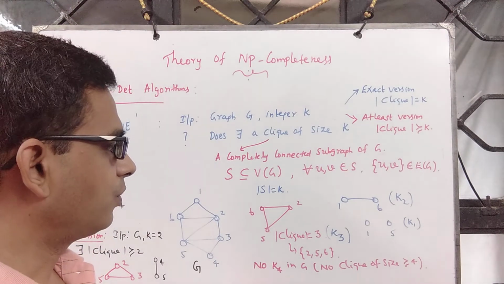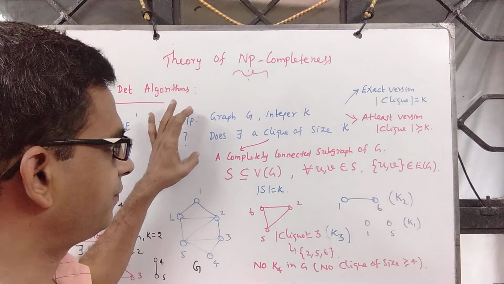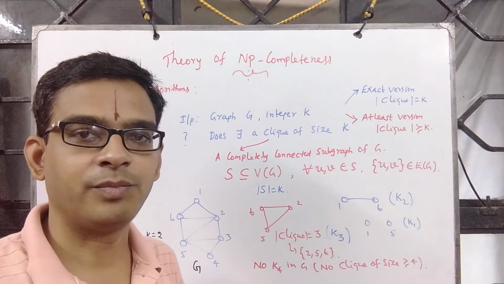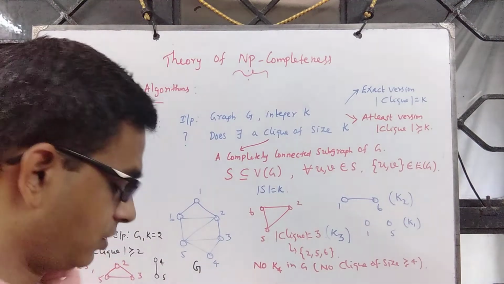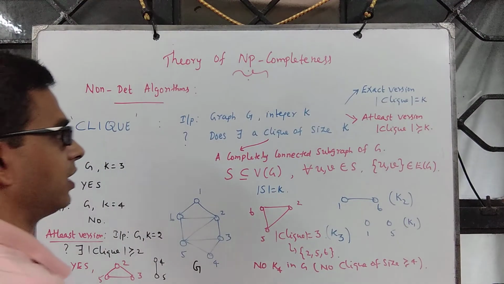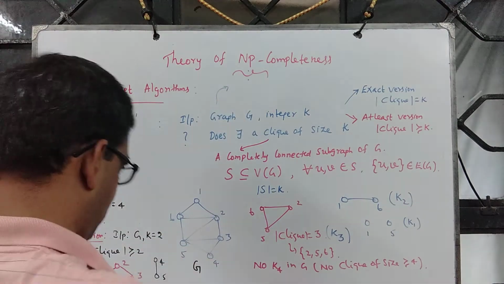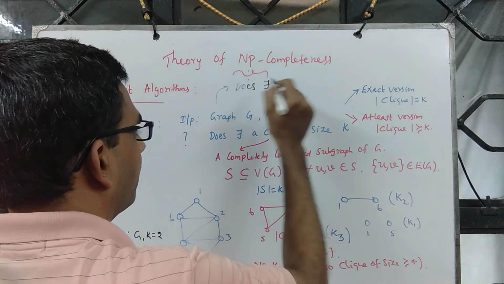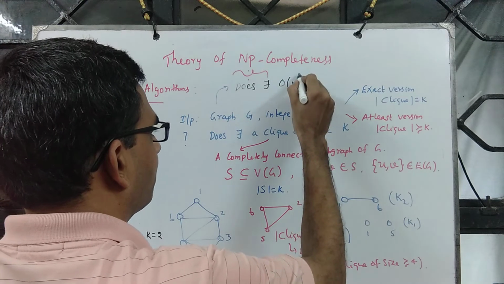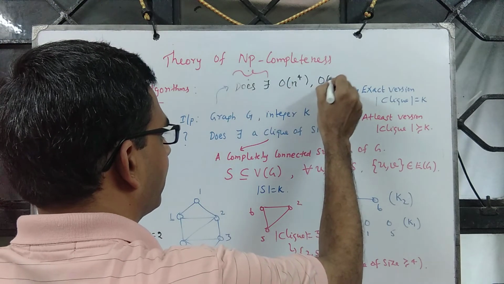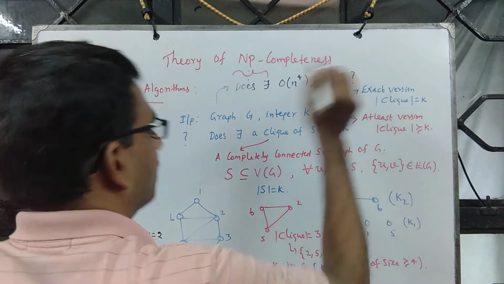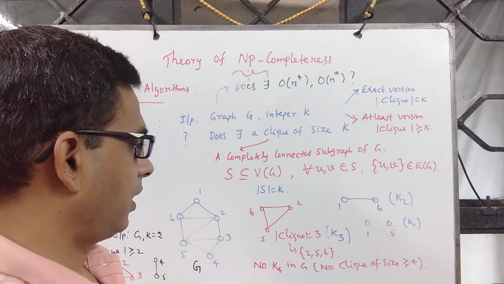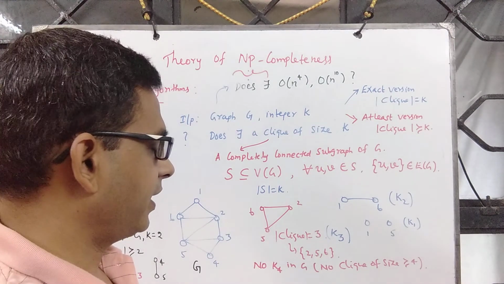Fine. So now, what is the complexity of this question? Can this question be answered in polynomial time? So, does there exist, say, an order n power 4 or order n power 10 algorithm to solve this? That's the question we always ask.